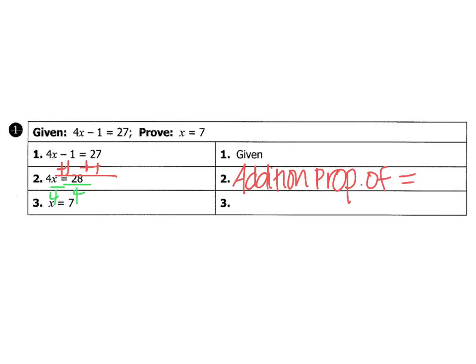Therefore, this would be the division property of equality, and that would be our reason how we got step 3, how we got x equals 7. So the division property of equality would be our reason for number 3. And you just solved your first proof.